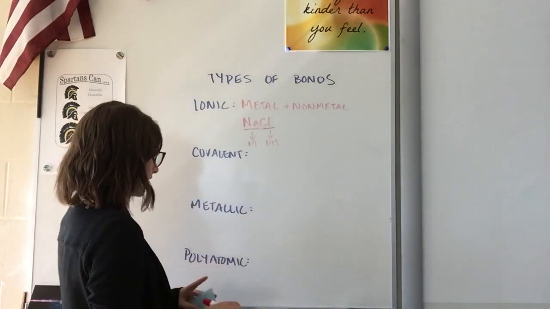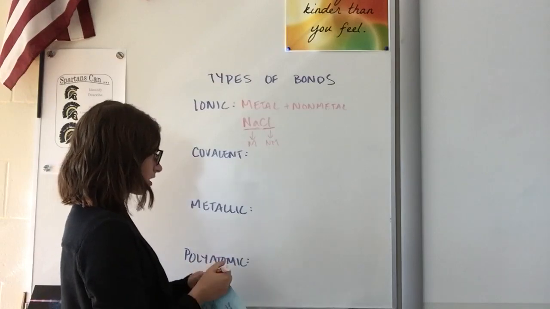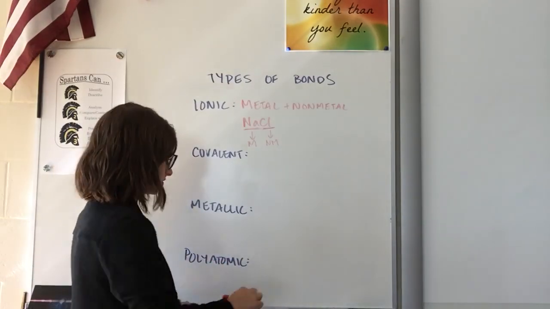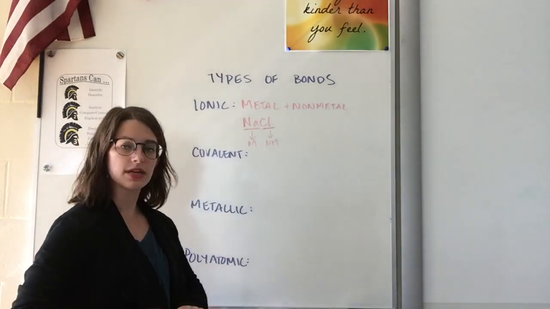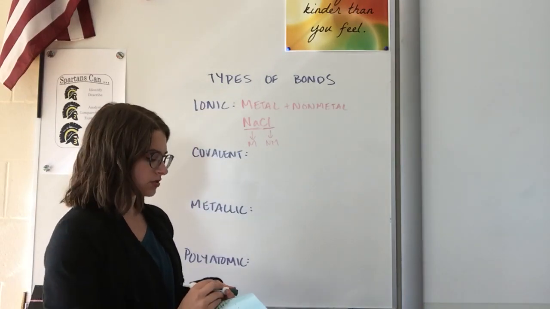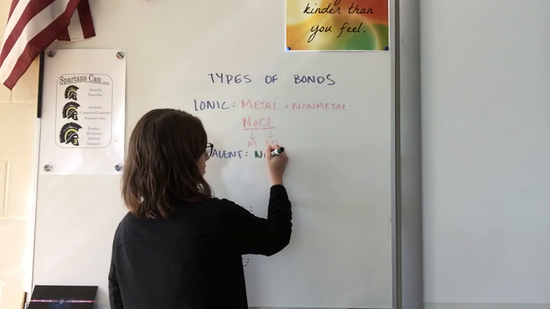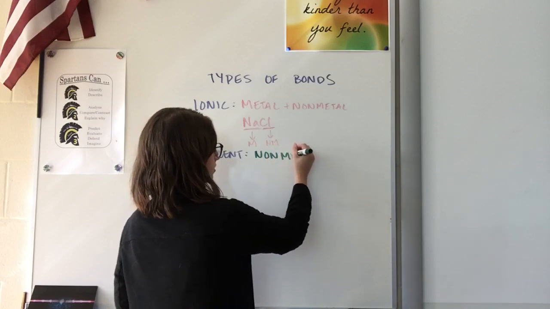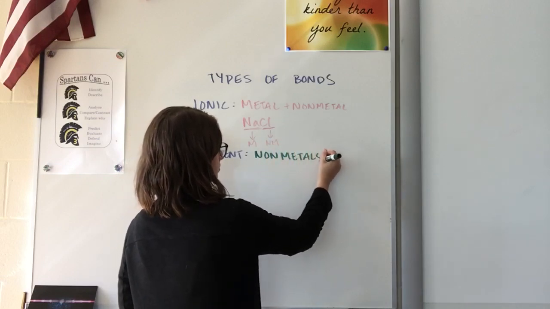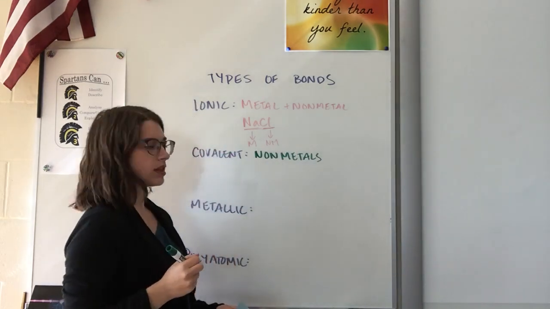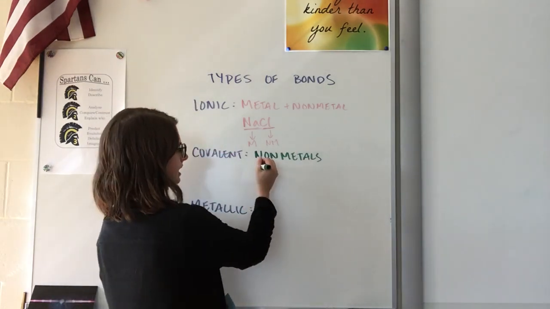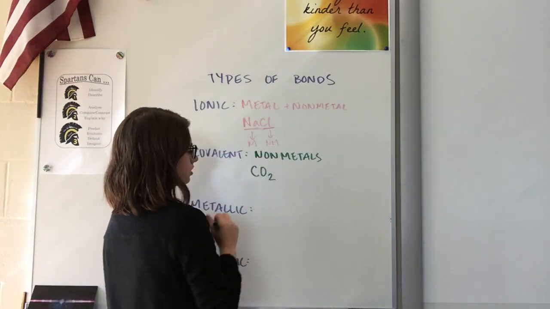Now, the second type of compounds that we're going to look at are called covalent compounds. Again, we're not looking at properties, we're just looking at chemical formulas. So if you look at a chemical formula, a covalent compound is going to be made up of only nonmetals. Okay, a really good example of a covalent compound is carbon dioxide, which is CO2.